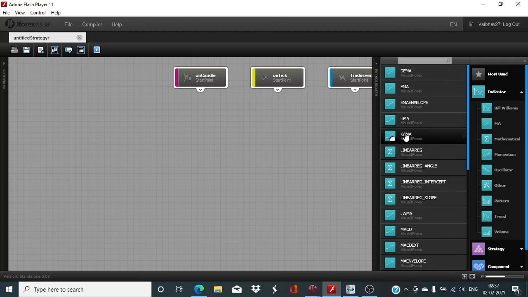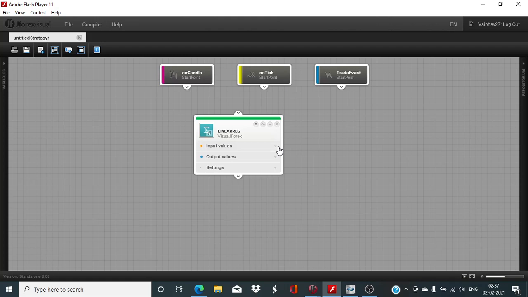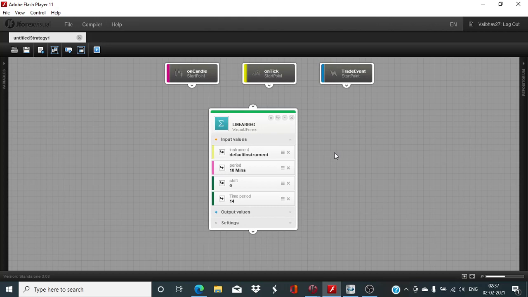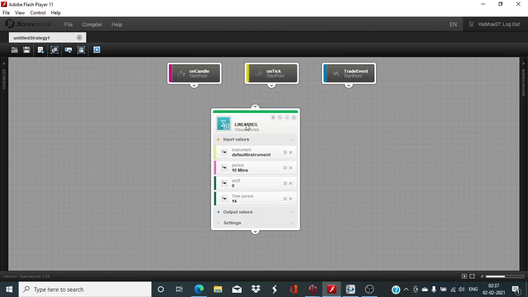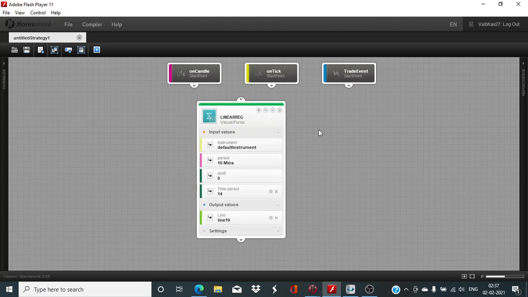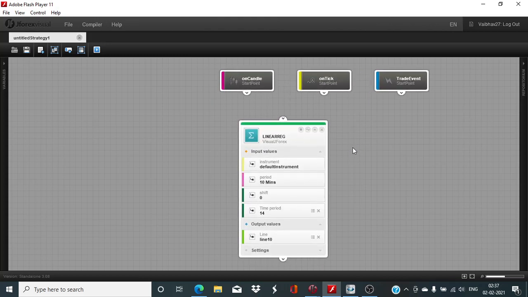In a prior session, we had seen the use of Kaufman's adaptive moving average. Today, it is the turn of the linear regression. In the series in which we covered the introductory part of the various indicators, I had already talked about the linear regression indicator's properties and this block's customization, so I will not go into the functioning of the linear regression in this session.